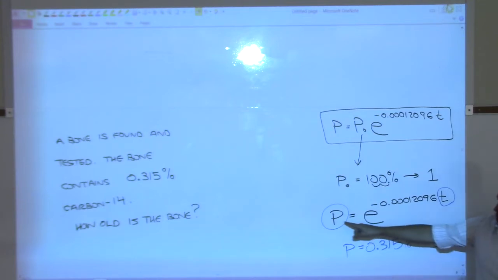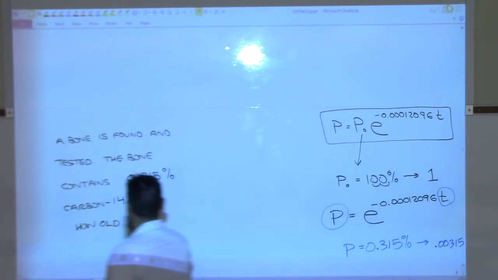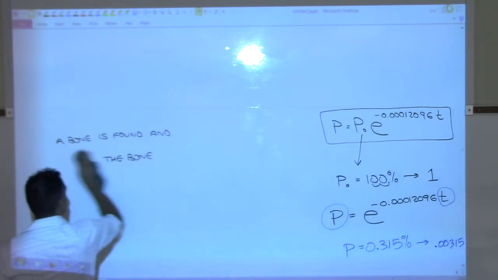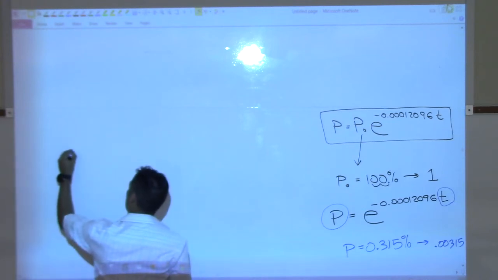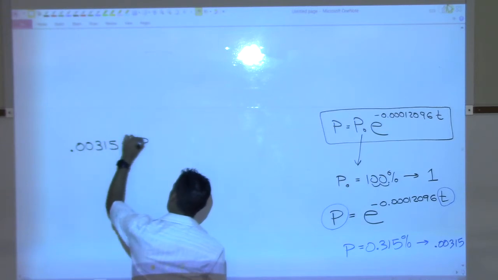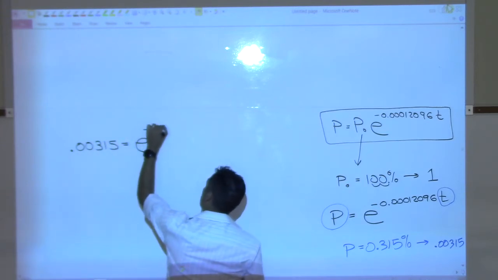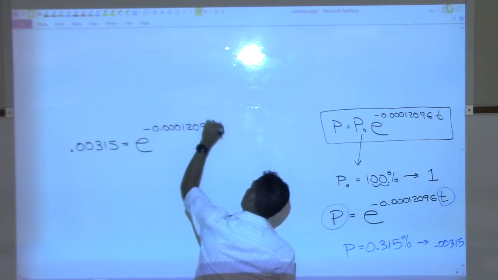So we're going to replace this P with this number. We get 0.00315 equals e to the negative 0.00012096t.